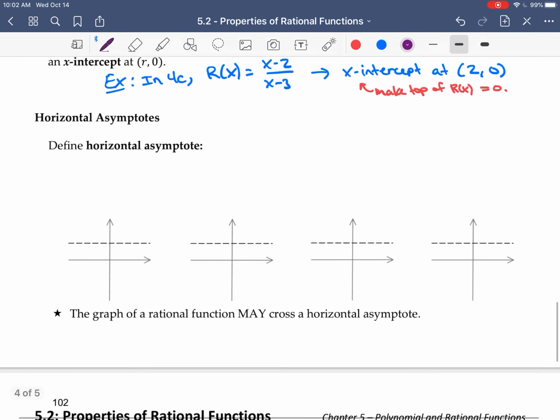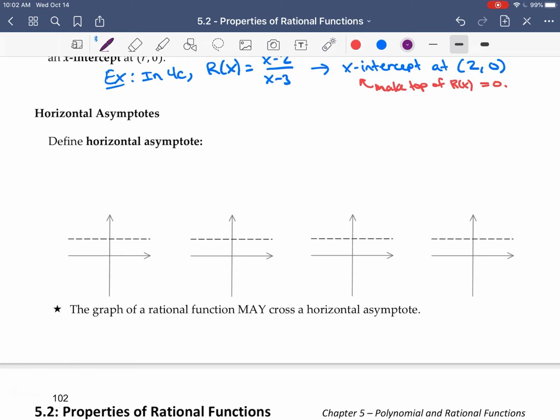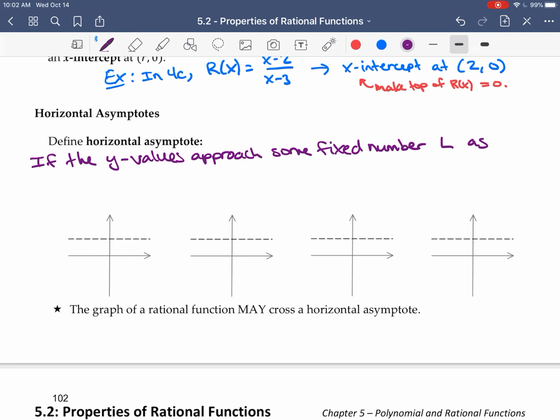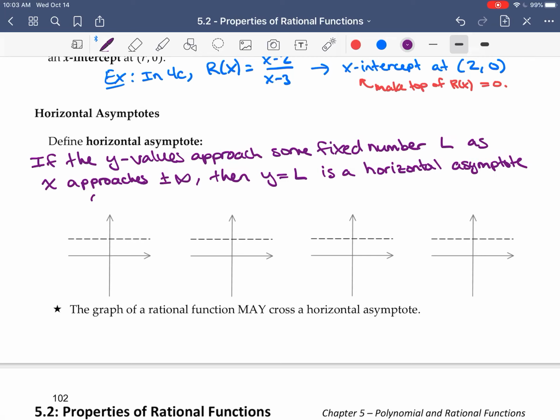Okay, what about horizontal asymptotes? So here, if the y values approach some fixed number, let's call it L, as x gets really big, so as x approaches plus or minus infinity, then y equals L. That's the equation of a horizontal line, a horizontal asymptote of the graph.